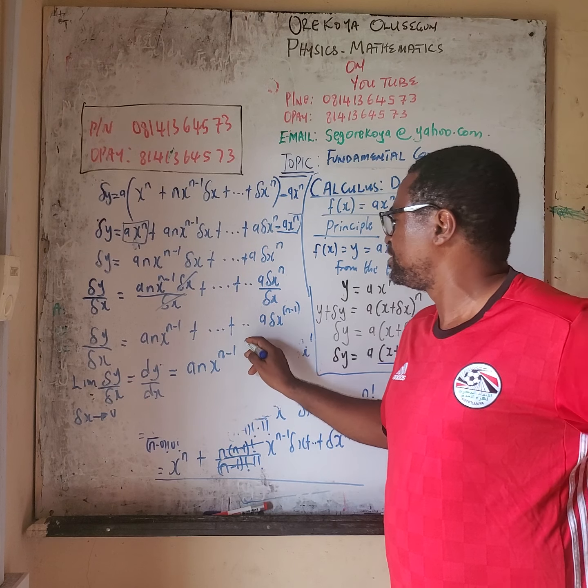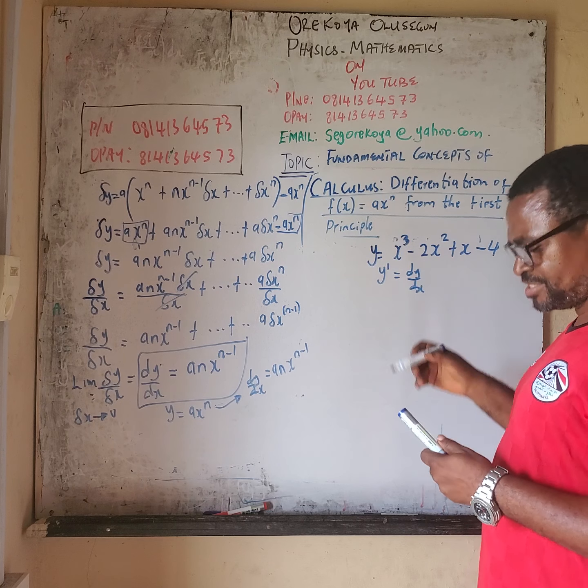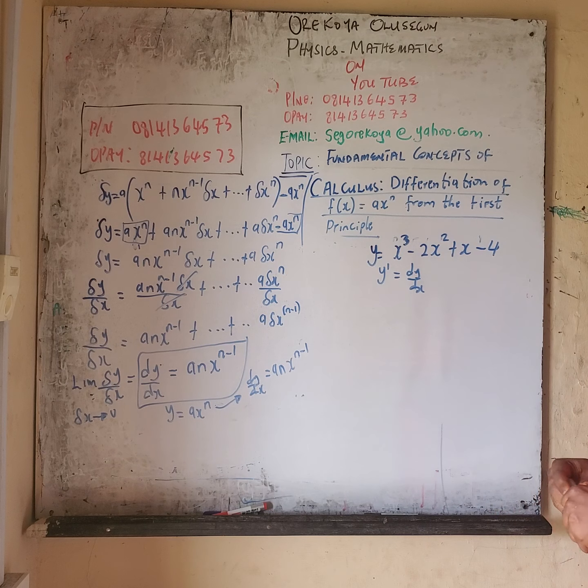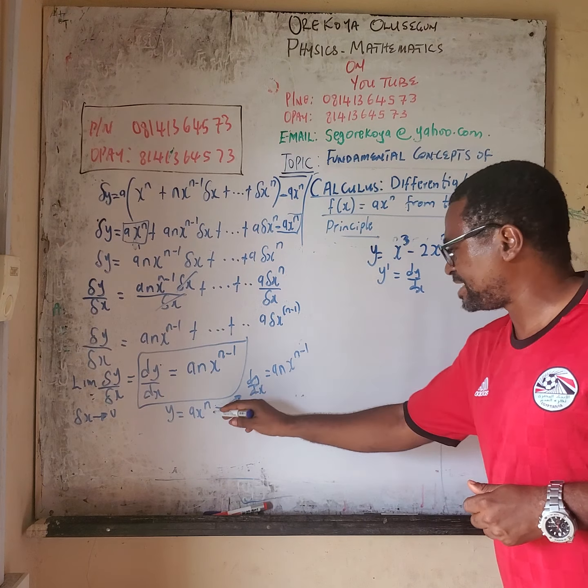The meaning of y prime is dy dx. So in this case, we are going to use this particular formula to generate the derivative that we are being asked to find.